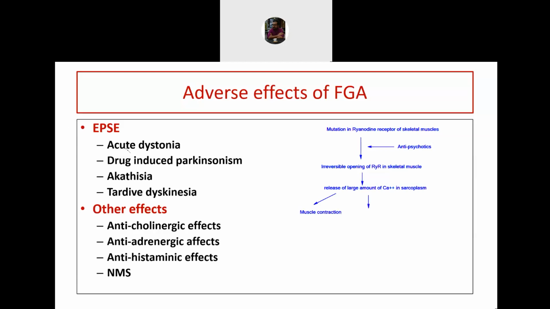Calcium activates the ATPase and therefore heat is produced. Calcium also activates proteolytic enzyme, so it causes lysis of the muscle, also known as rhabdomyolysis, that is skeletal muscle lysis. The muscle contraction leads to rigidity of the whole body.